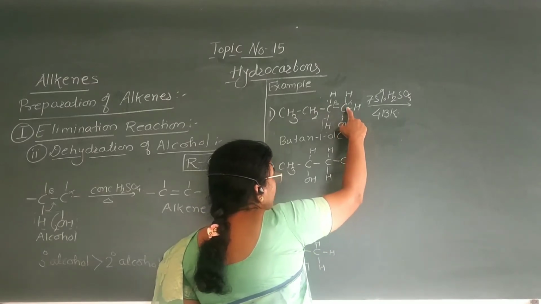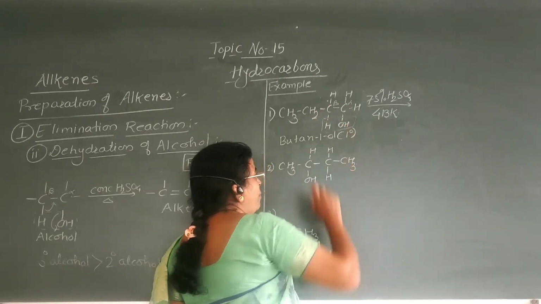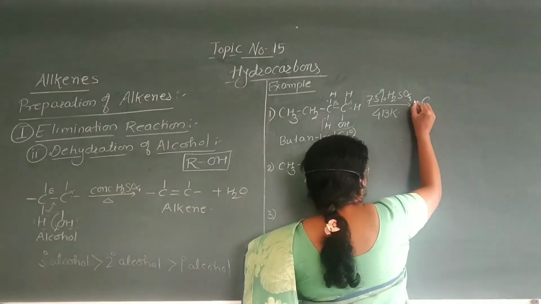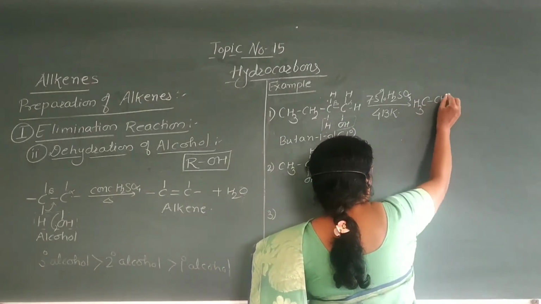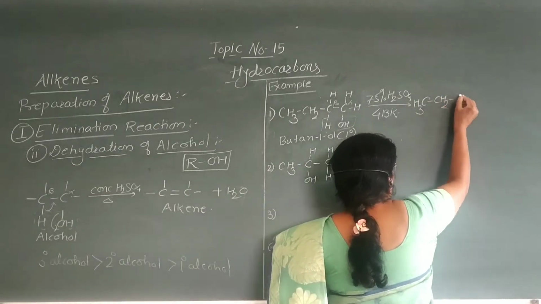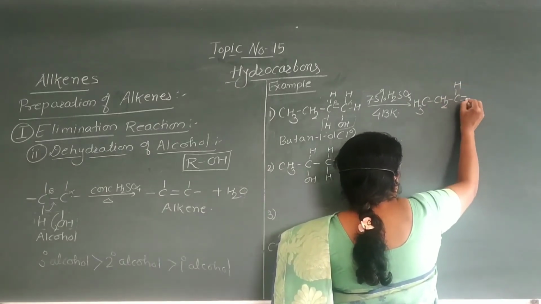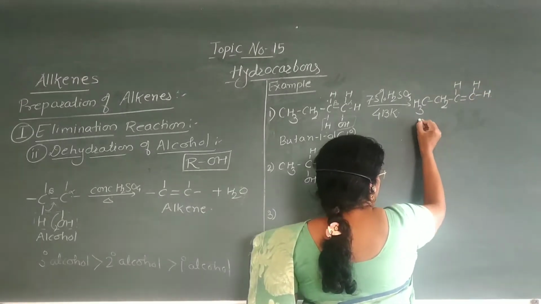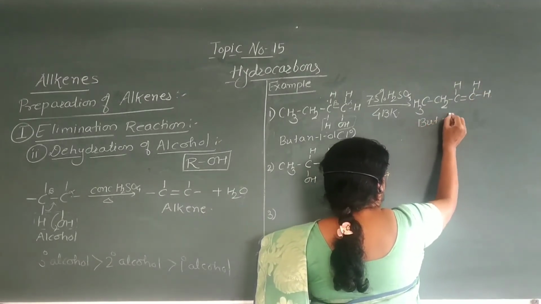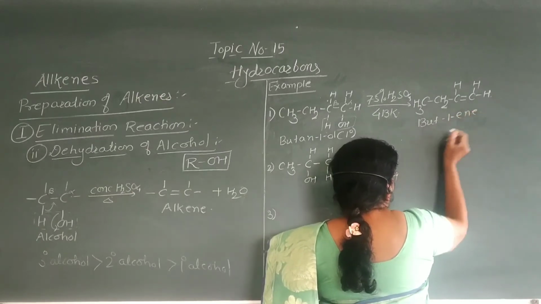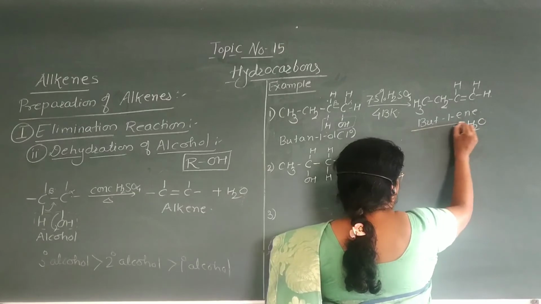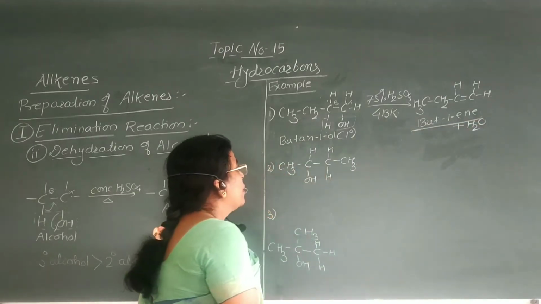Hydroxy group from the alpha carbon atom and hydrogen atom from the beta carbon atom is removed to form CH3CH2CH=CH2. This is but-1-ene as a major product, plus H2O is obtained. This is the major product or main product.